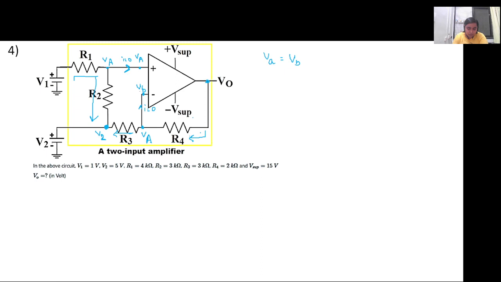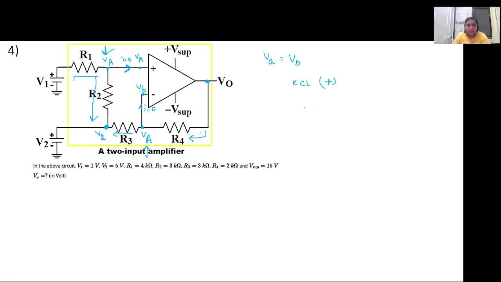Okay. Now we will apply KCL either in this node or in this node. Let's apply KCL once at this node and a second time at this node, right? So I'll write KCL at, suppose, the plus end. That is, in here I'm applying KCL.